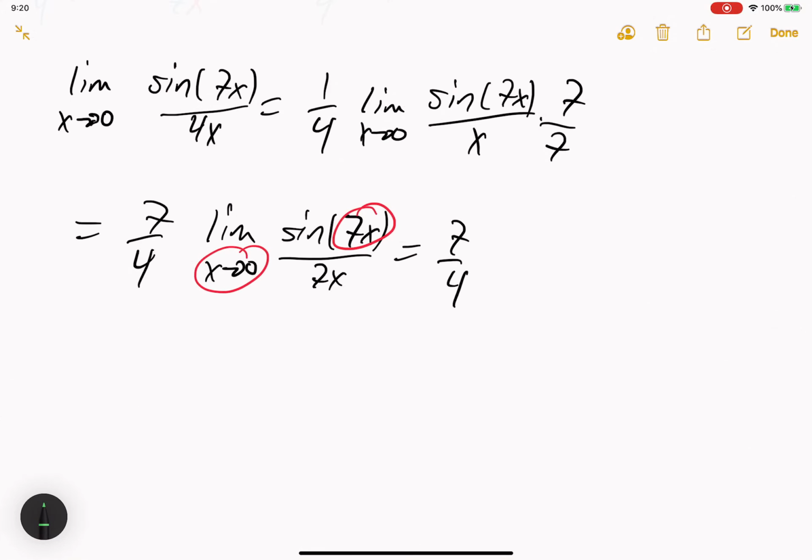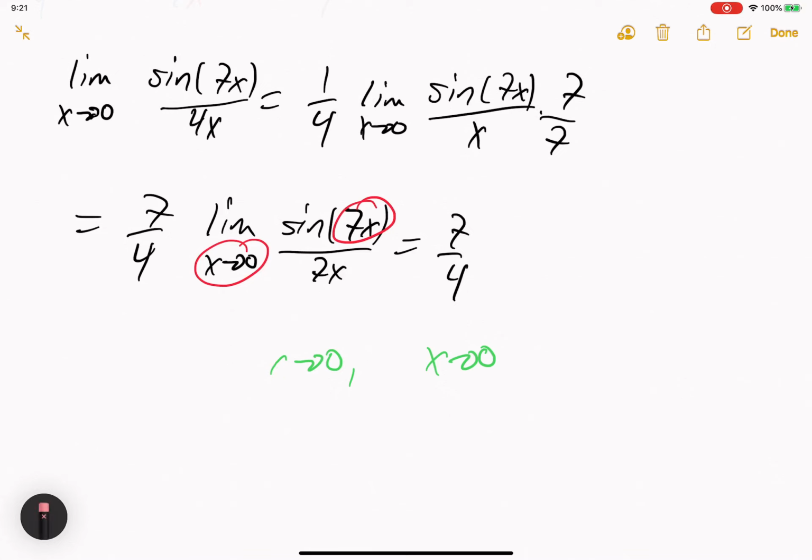In reality, that doesn't matter too much, because it's not like they go to different places. Even if you look at 7x going to 0, then obviously x has to go to 0 too. So even though they're not exactly the same, they still go to the same place. So it's okay.